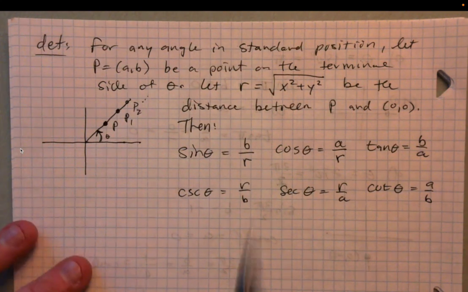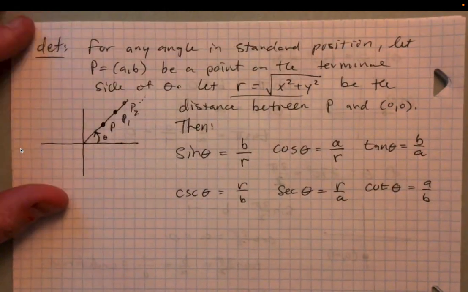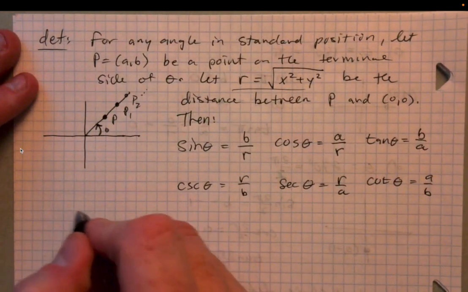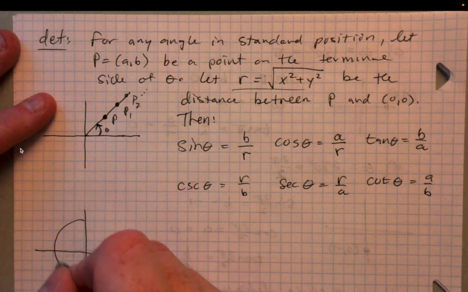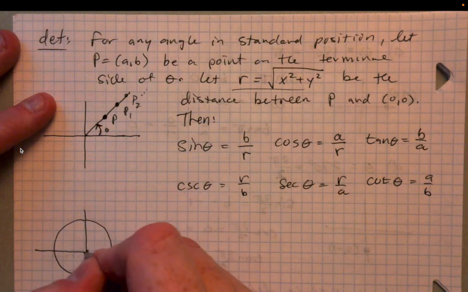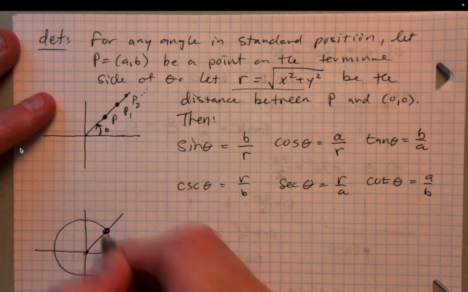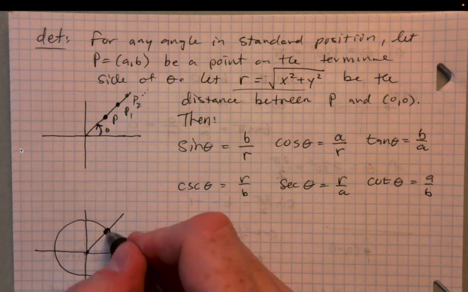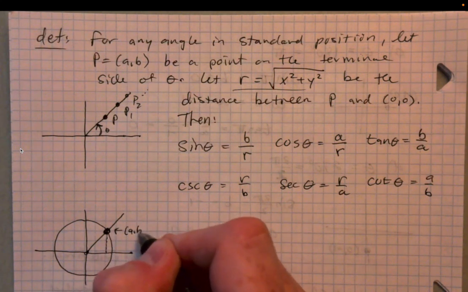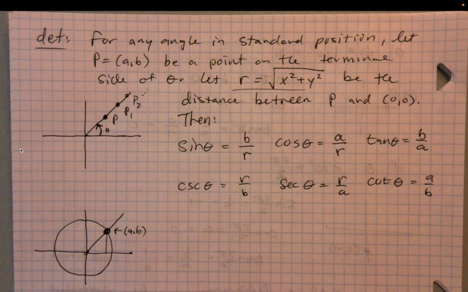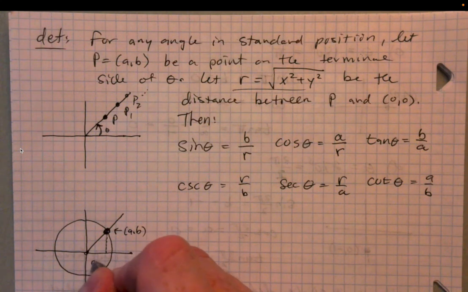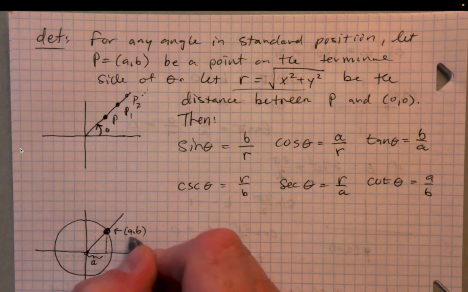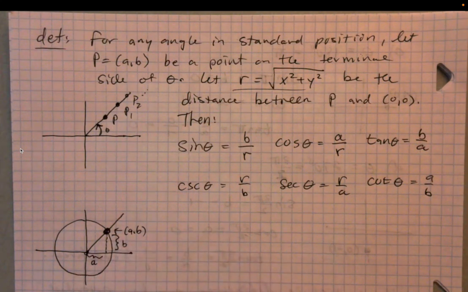Now, what is this r here? Let's make sure we're clear on what r is. If I have a circle, just any circle, it doesn't have to be a unit circle, and I've got a ray extending out of the circle that intersects this arc somewhere. If this is the point (a, b), then this distance here is a, and this distance here is b.